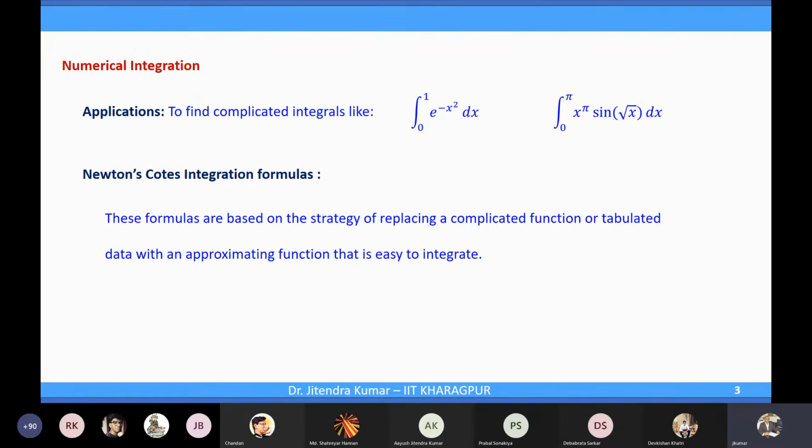In particular, we are talking about polynomials, because polynomials are easy to integrate, as you know. So this function, which is usually complicated like in these two integrals, we will approximate by a polynomial of certain degree. Based on different degrees, we have different names, but in general these are called Newton-Cotes integration formulas.